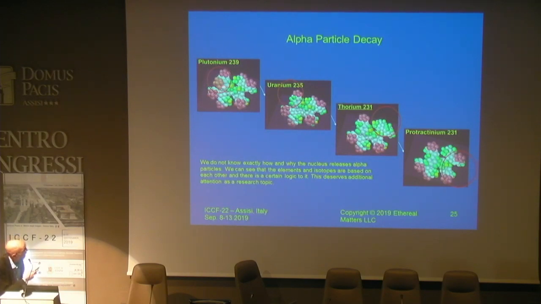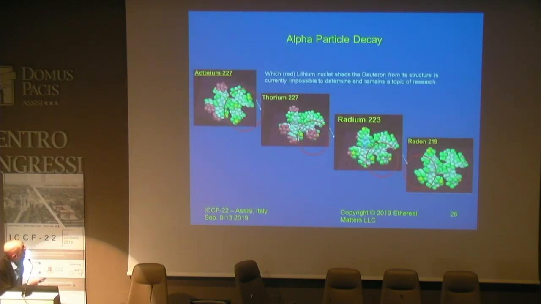From plutonium-239, probably well known, we see on the left an orange structure there, and when that sheds 4 nucleons, which is the alpha particle, you're left with this situation here. So I highlighted where the change is to uranium-235. Another one, thorium-231, protactinium-231, which is a beta minus decay step.